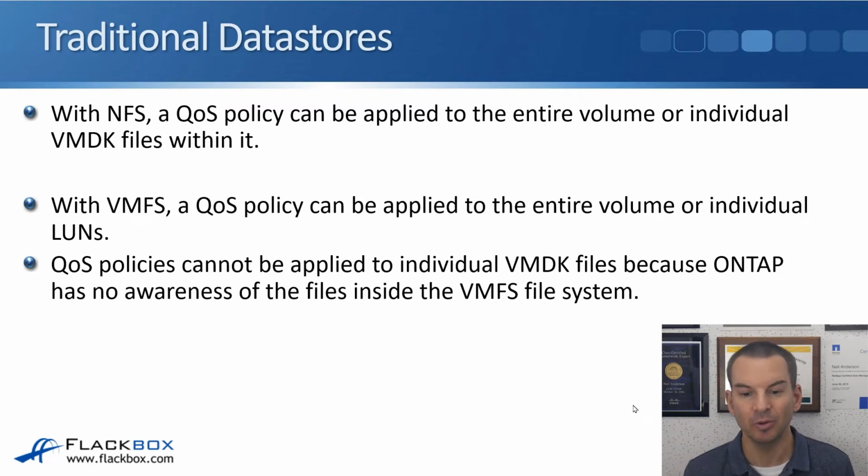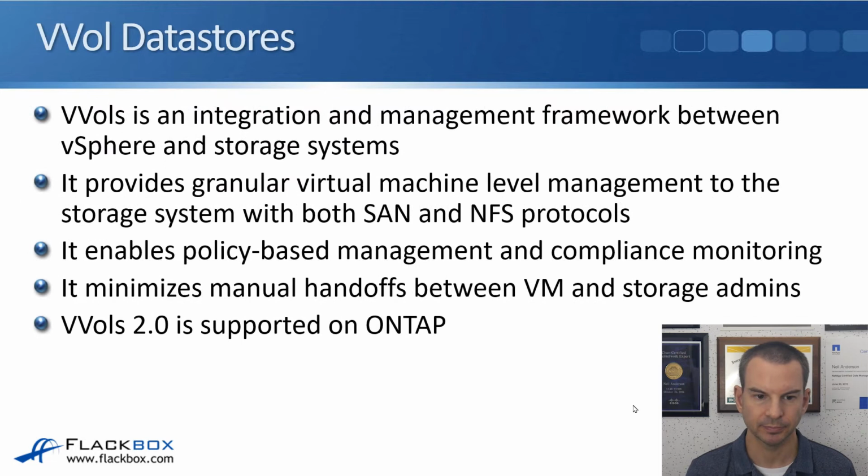QoS policies cannot be applied to individual VMDK files because ONTAP has no awareness of the files inside the VMFS file system. So your QoS policies can be more granular if you're using NFS with vSphere than if you're using a SAN protocol. Okay, and that is where really the big benefit and the idea behind VVols comes in.